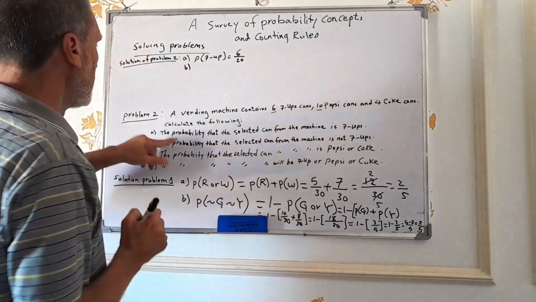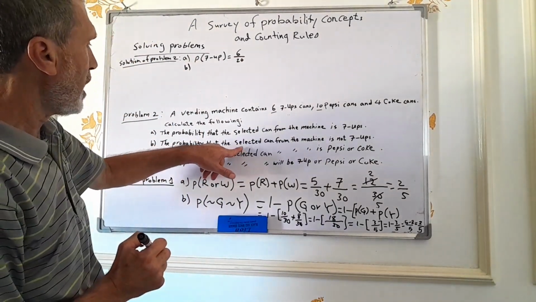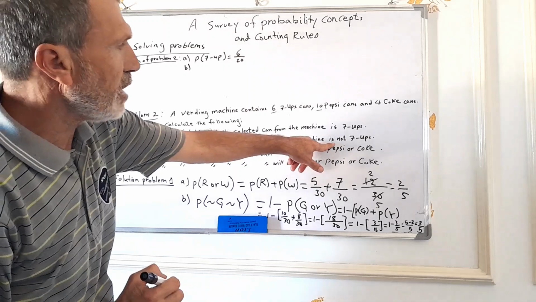B, the probability that the selected can from the machine is not 7-Up.